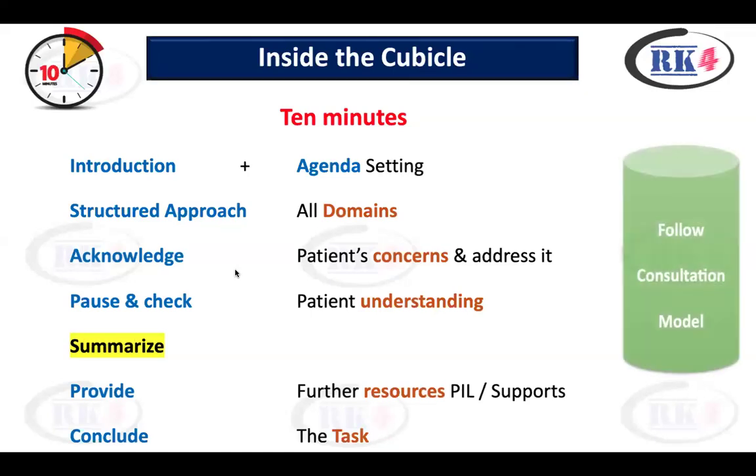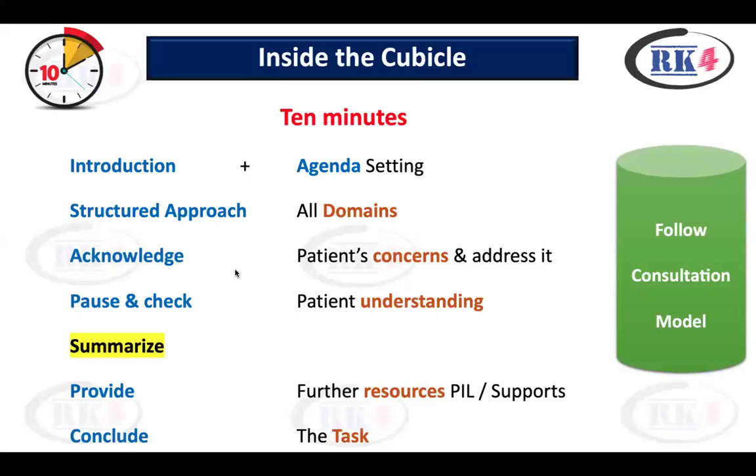So this is how I would say you should divide the time. Once you have set the agenda, you start the open consultation with an open question. Give roughly 4 minutes to the information gathering part, taking your history, and spare the last 5 minutes to talk about the management, what you are supposed to do.